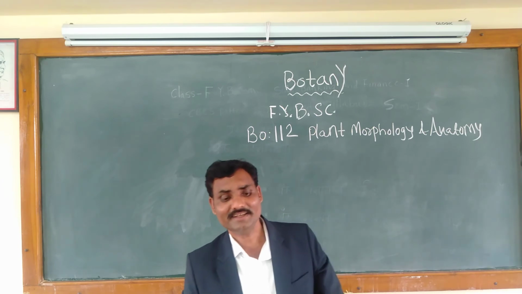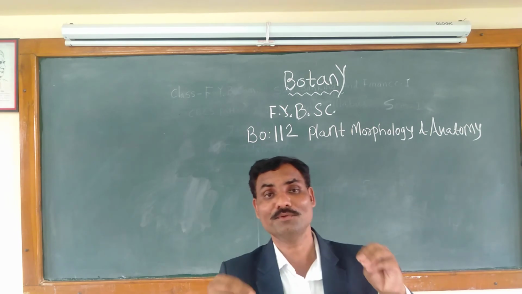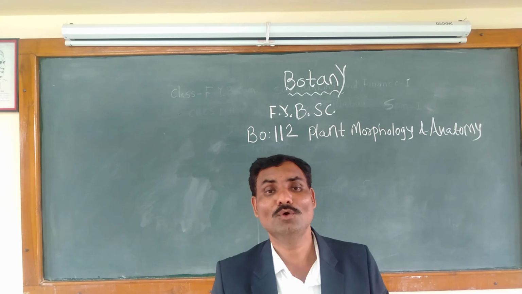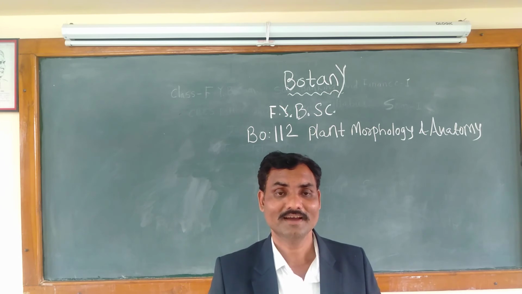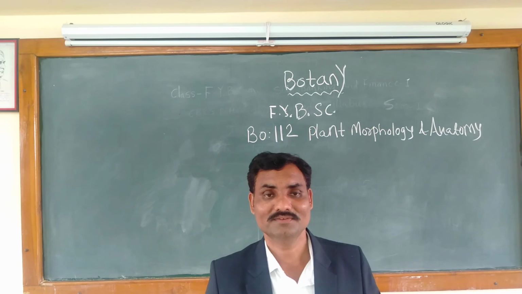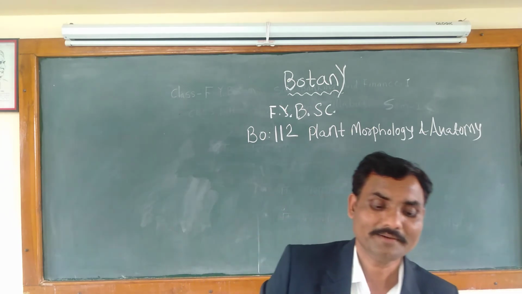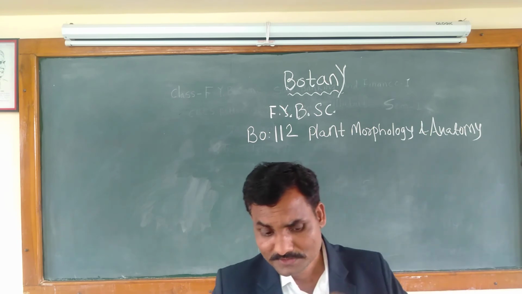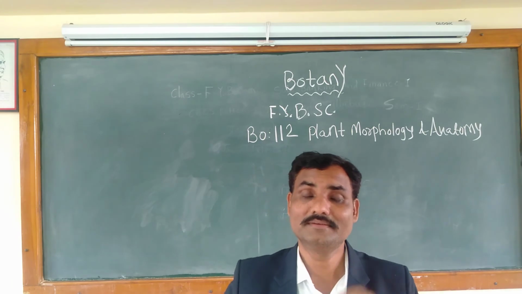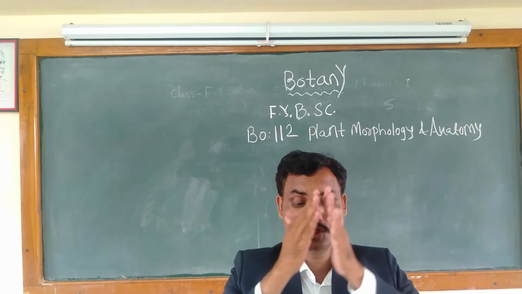Then another article is there, types of tissues. Which types of tissues are present in the plants, that we should know, and due to that this part of the syllabus is included in the FYBSc CBCS pattern. Then types of tissues, outline and brief description, simple and complex tissues.